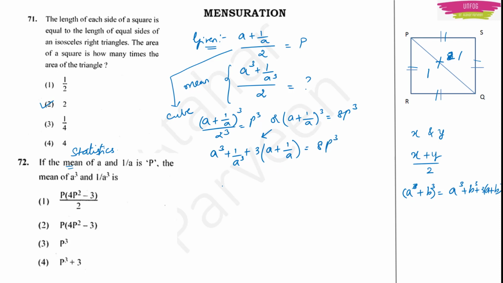Okay. Now you put it in the right hand side. A cube plus 1 by A cube will be equal to 8 P cube minus 3 into A plus 1 by A. But what is given?